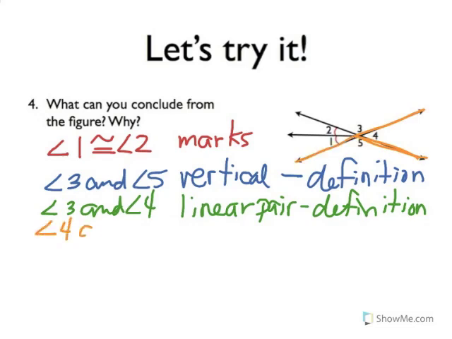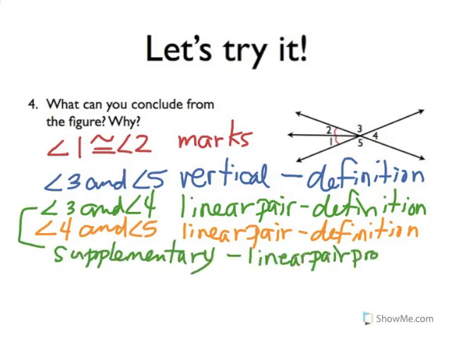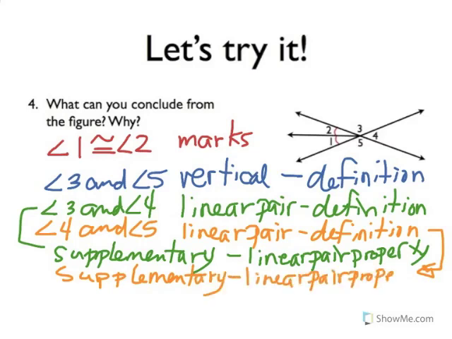The exact same thing. So angle 4 and angle 5 are also a linear pair by definition. And if we want to go on and on with this, let's see, angles 3 and 4 are supplementary because of the linear pair property. We can say the same thing about angles 4 and 5. They are also supplementary by the linear pair property.